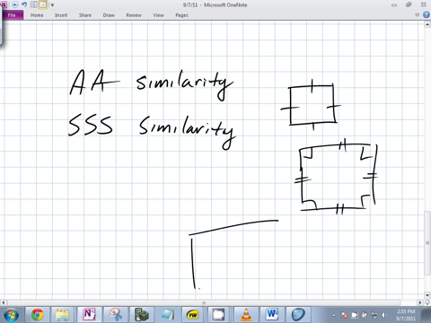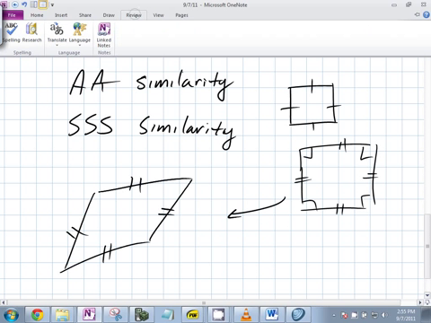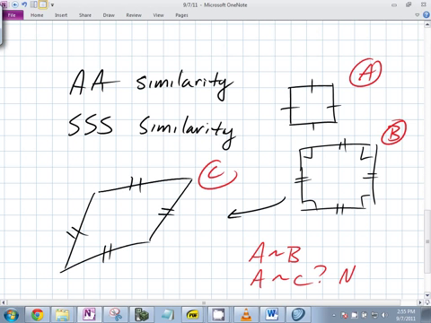Could I take this bigger square and bend it into a diamond? Sure. Same lengths, right? My question now is, if you have shape A here and shape B and shape C, I would agree A is similar to B, but is A similar to C? No, it's not.